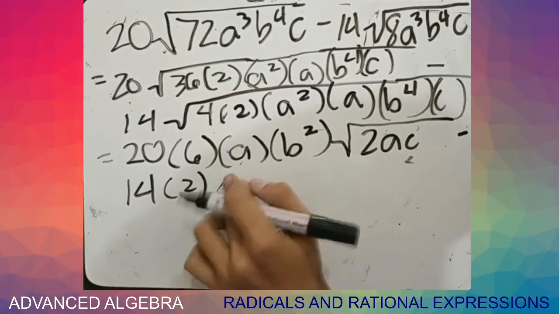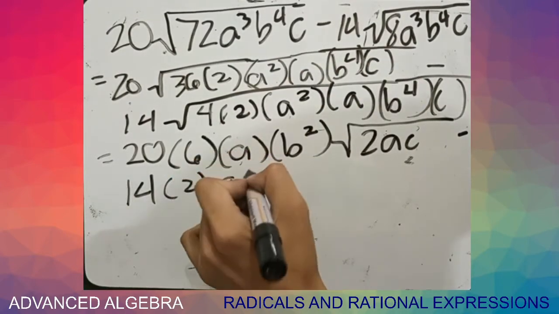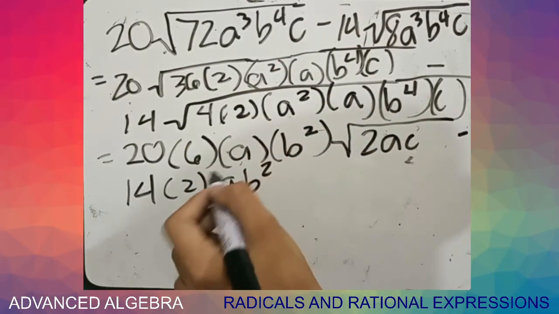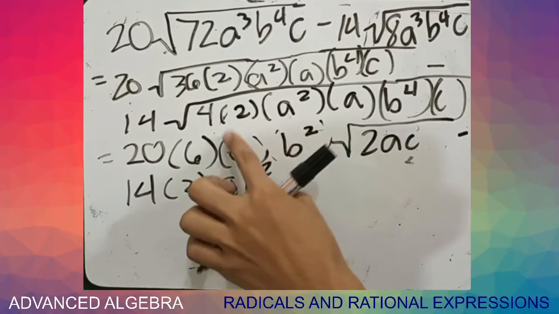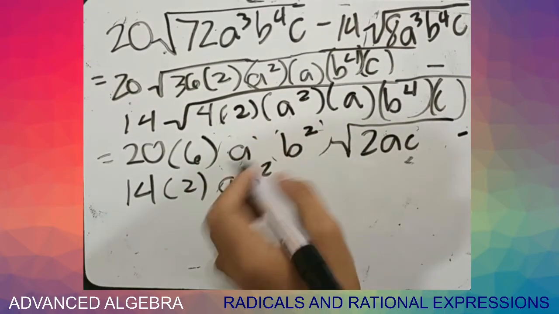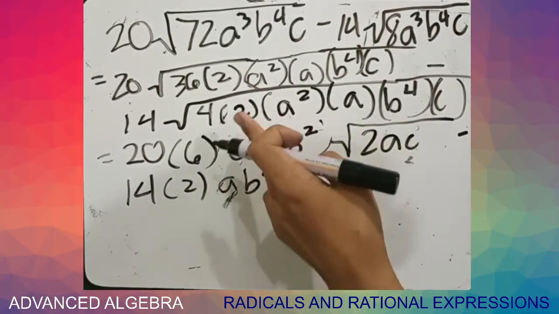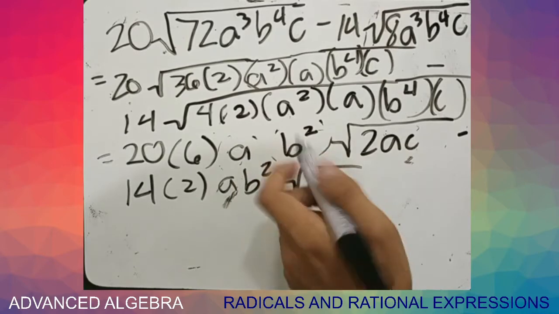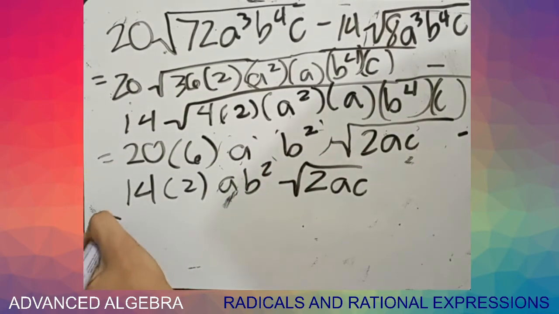Okay. Anong square root ng a squared? A ulit. Anong square root ng b to the 4th power? B squared. Okay. So, kahit nila pala lagyan ng parentheses dito. Pampahaba lang. Okay, next. The square root of, ano yan? 2. 2 din ba? Okay, 2. May haba na, di ba?